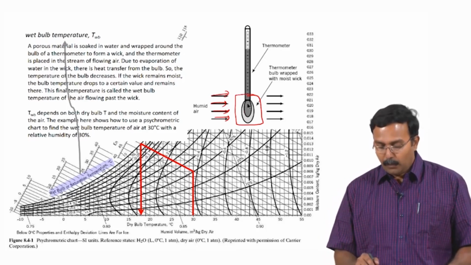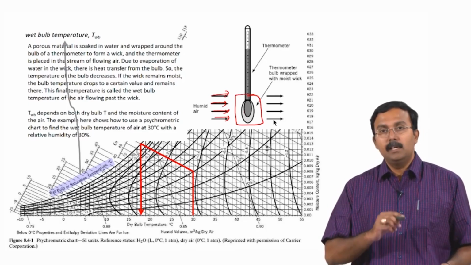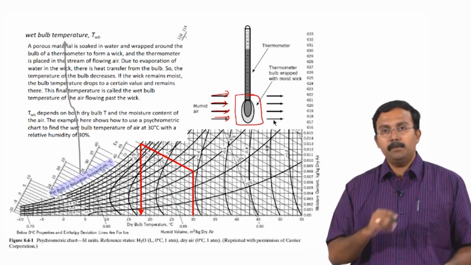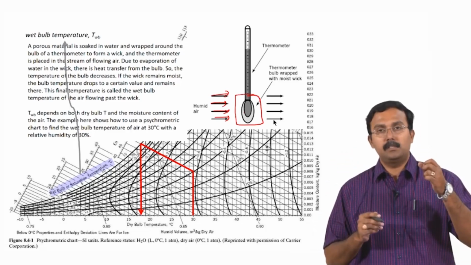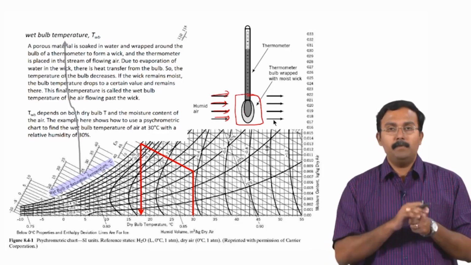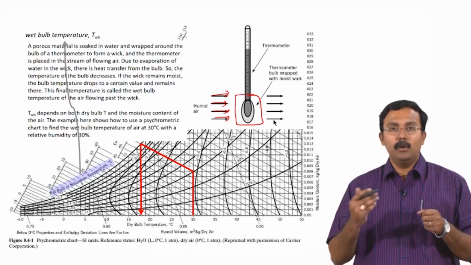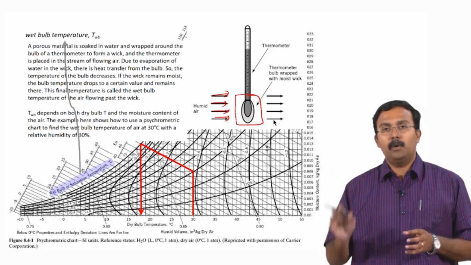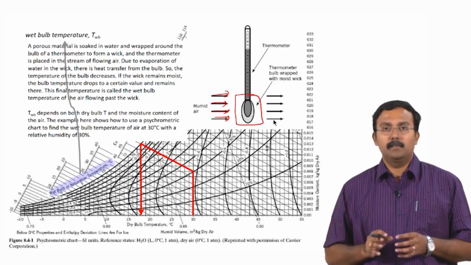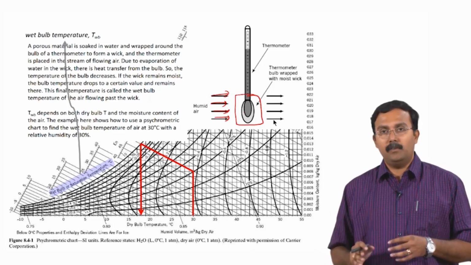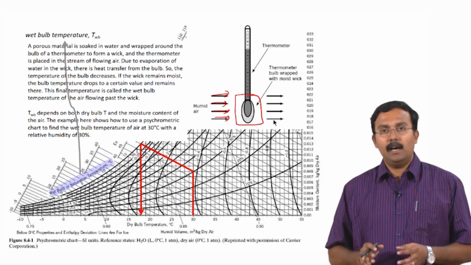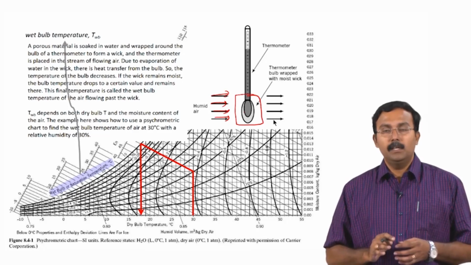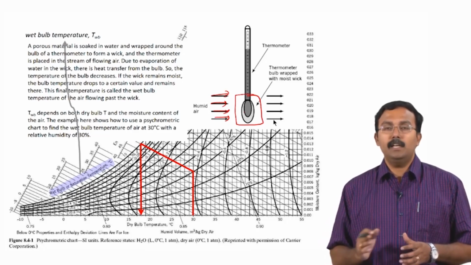So, assume that the humid air which you start with is in circulation. If it keeps going round and round across this wet wick which remains wet, more and more water is going to get evaporated till the air water vapor mixture reaches saturation. Once there is saturation of water vapor, you will still have the wet wick, but the water is not going to get evaporated.